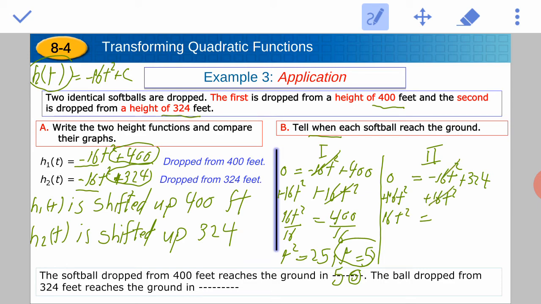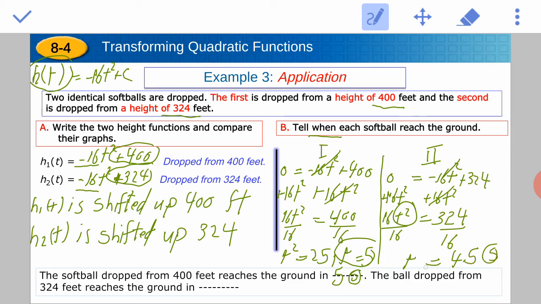This term and this term cross out each other. The leftover is 324. Now guys, we need to isolate t squared, so let's divide by 16. If you divide by 16 and take the square root of the answer, because this answer is t squared, it's going to be 4.5 seconds.